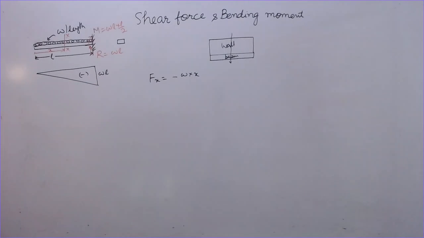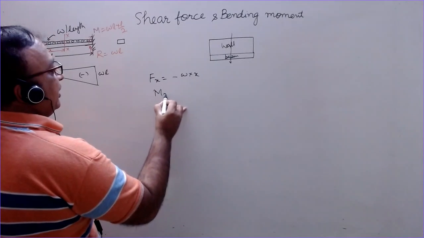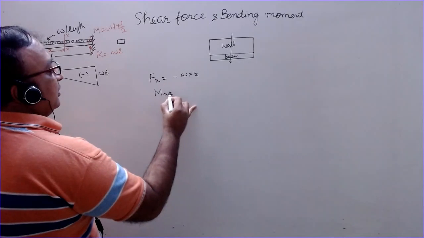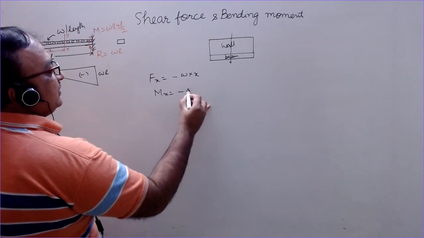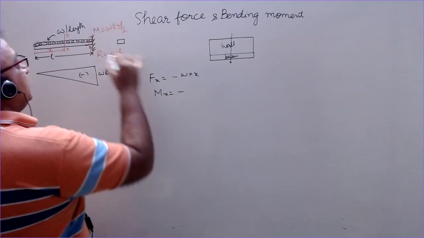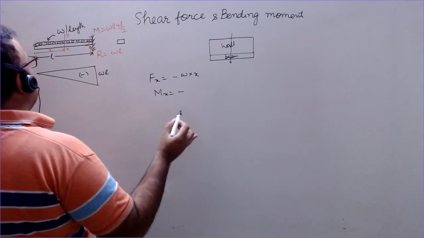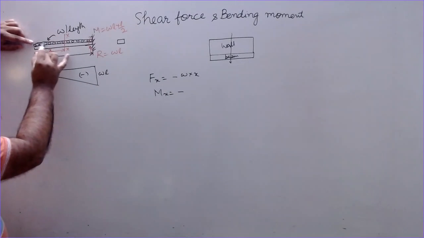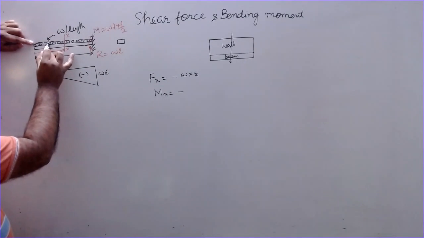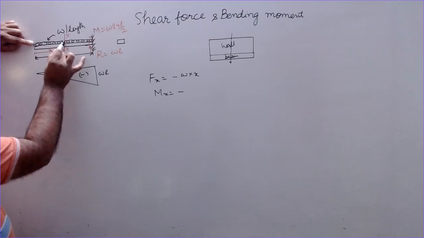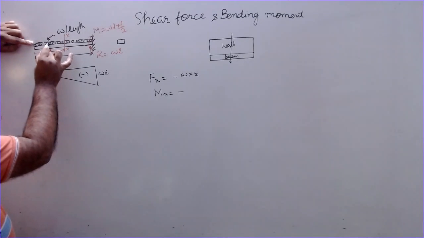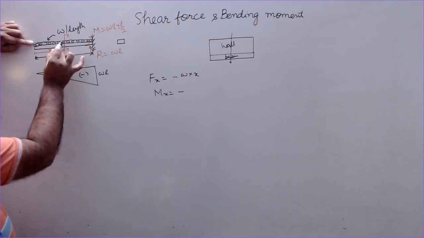And the bending moment produced by this will also be negative as per our convention. So what is the bending moment? Mx here is negative, so minus moment of this force about this. So this load is acting at the center of this at a distance x by 2 from this end, and load included in this is W into x.